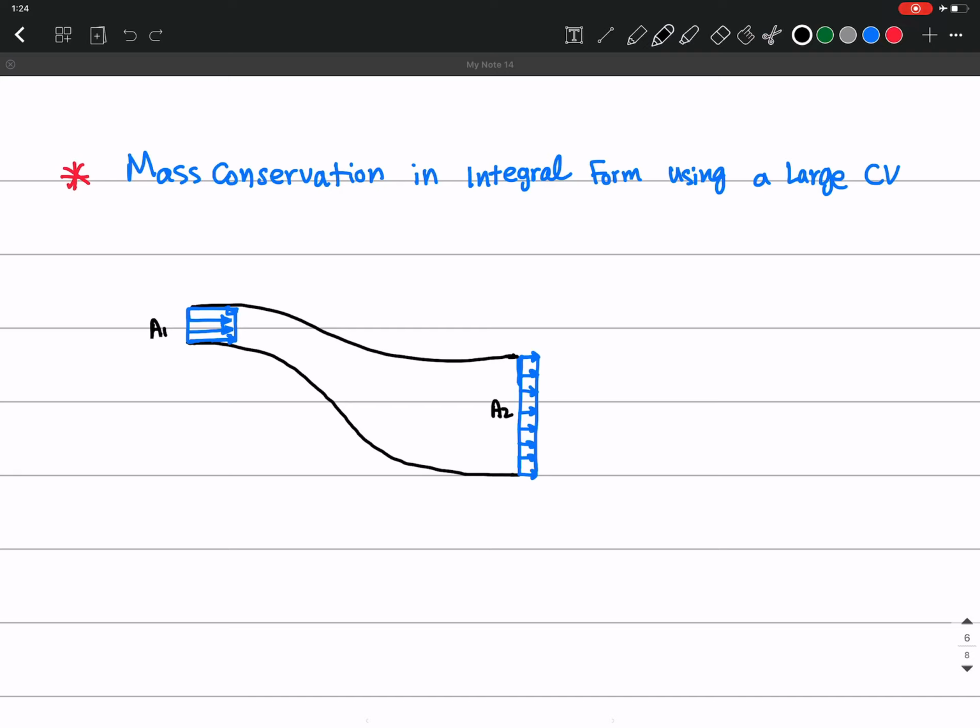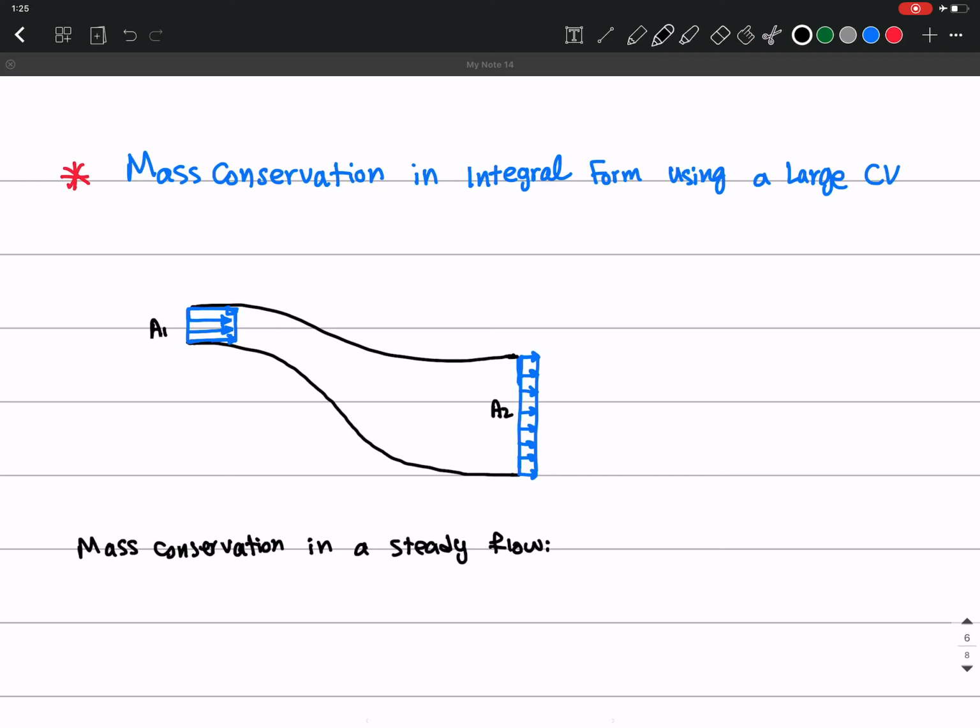We know that mass conservation in a steady flow is as follows. This principle states that the mass that, for example, enters into this channel and goes out of this channel should equal each other, right?